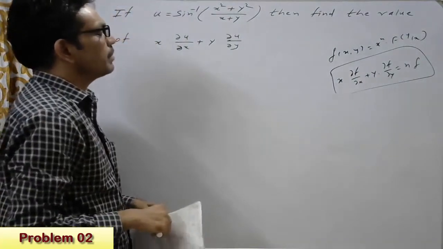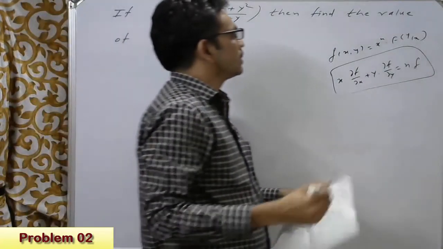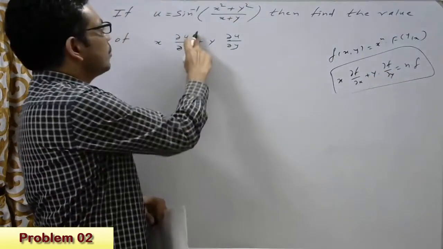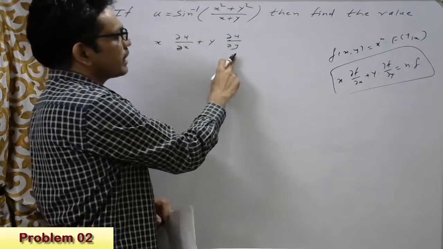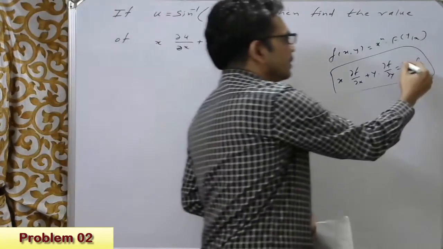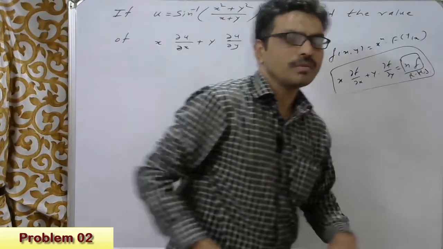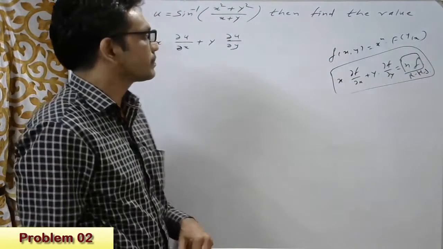In this problem, we have to find the value of x into del u by del x plus y into del u by del y. That is, we have to find the value of the right hand side.